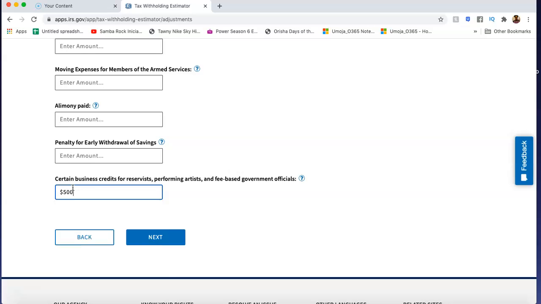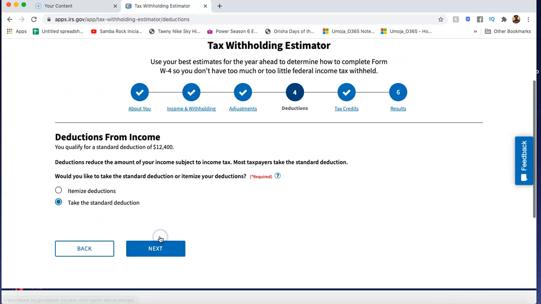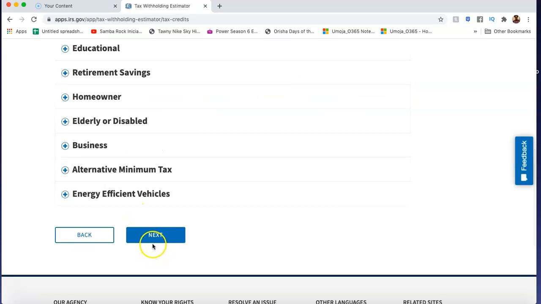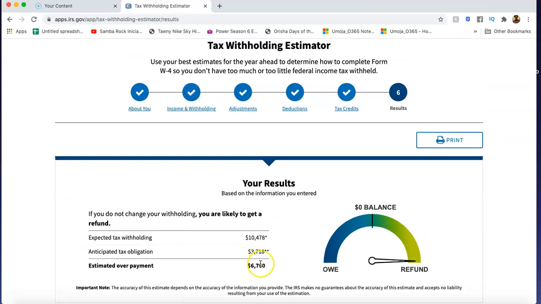So $5,000, say in your annual budget for all of your expenses for your house and for your life, it came out to $5,000, right? So now you take that $5,000 and add it to your equation.